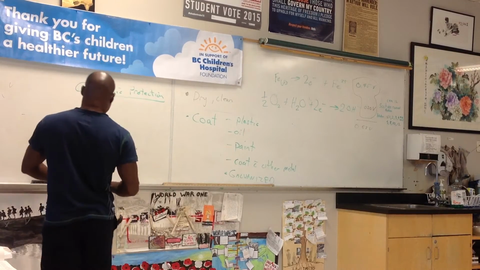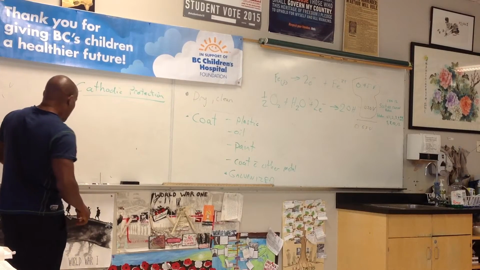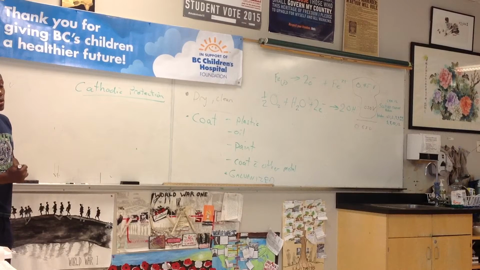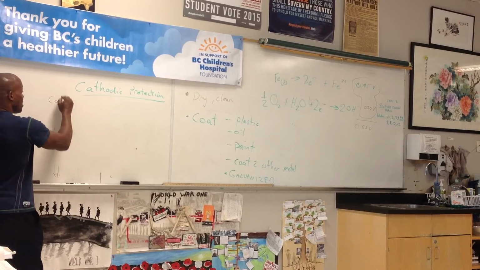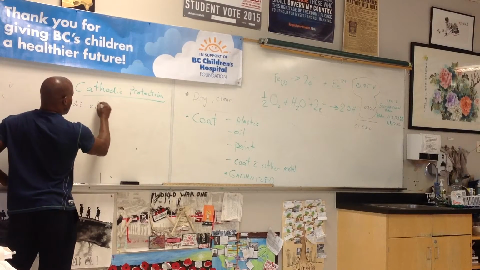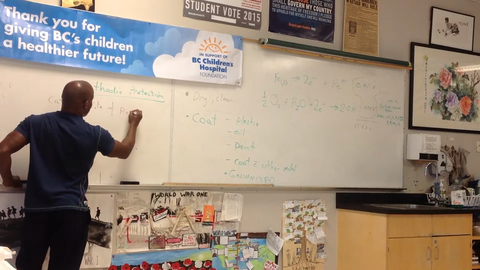So cathodic protection. Now, what do we know about cathodes? What is a cathode? It gains stuff. Right, red cat. So a cathode is the site of reduction.